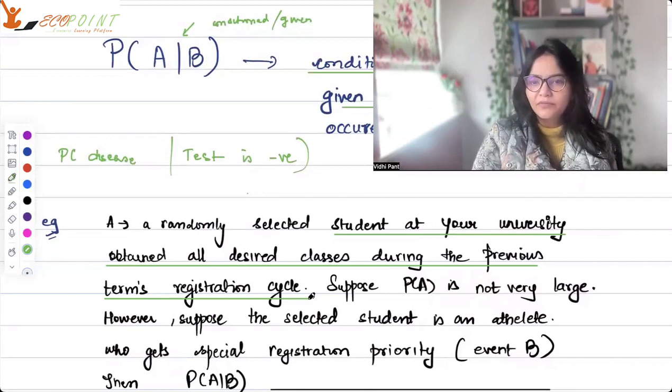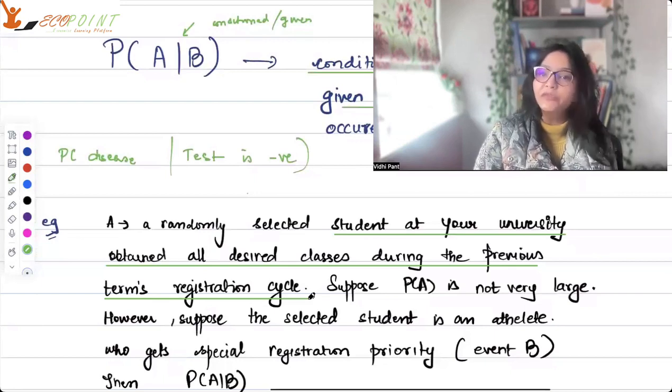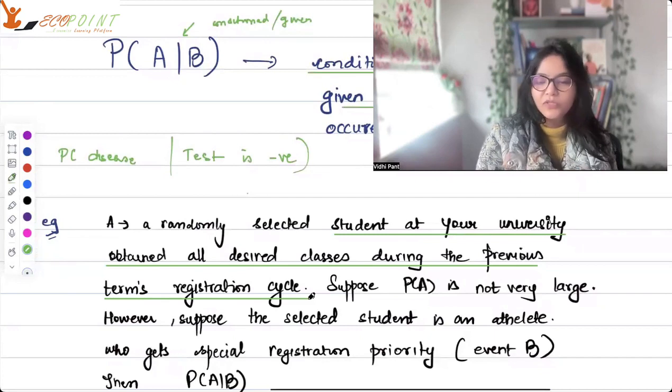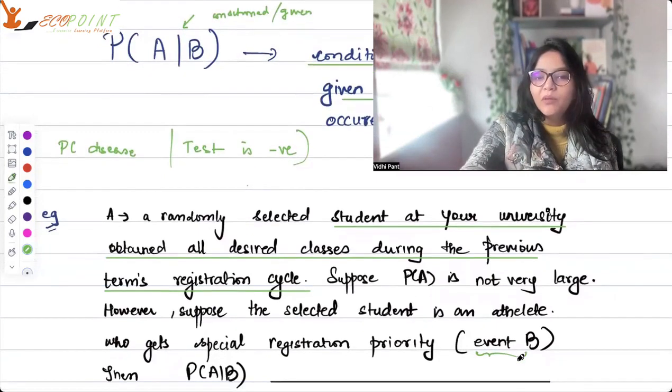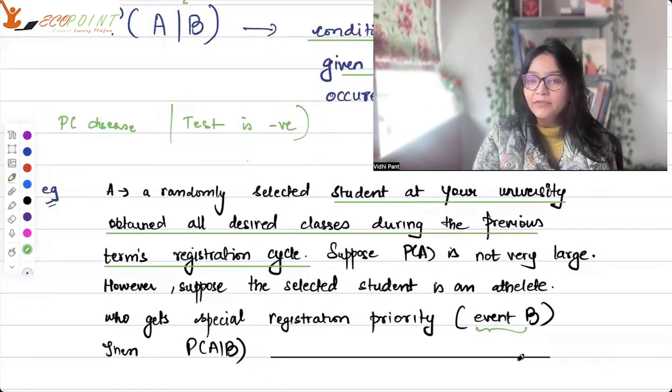Not everyone would have been able to take all desired classes. However, suppose the selected student is an athlete who gets special registration priority. Suppose special registration priority is being given to athletes, and let's take this as event B. Then, what do you think will be the probability A conditioned to B, or A given B, in comparison to probability A?